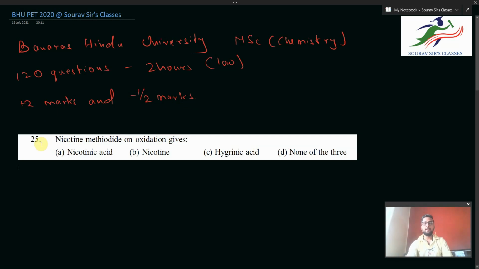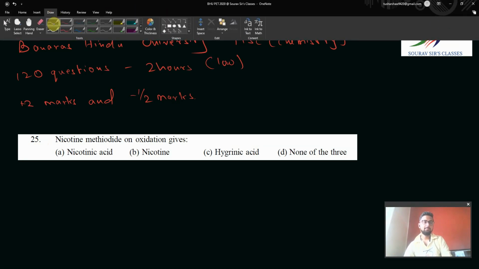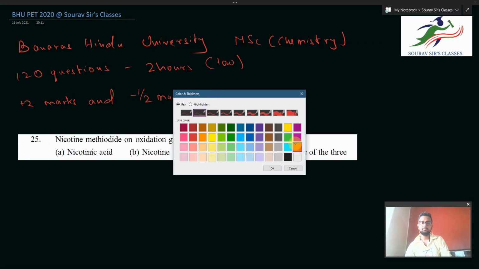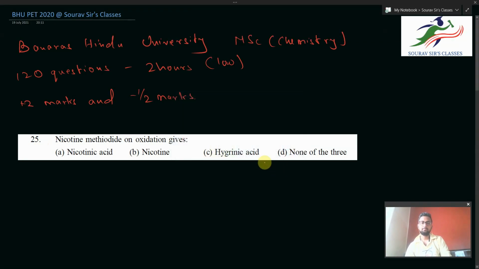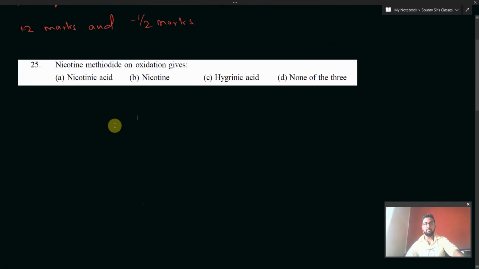So question number 25 says: nicotine methiodide on oxidation gives. Let me draw the structure of nicotine methiodide first, because many a time students don't know this structure.